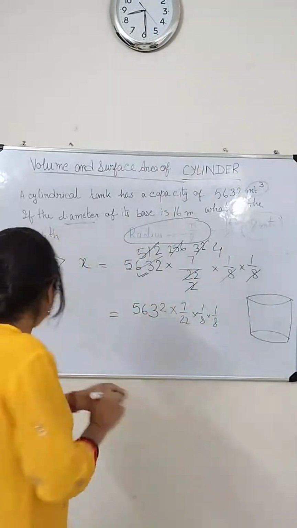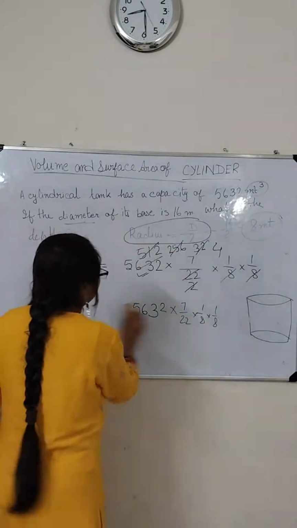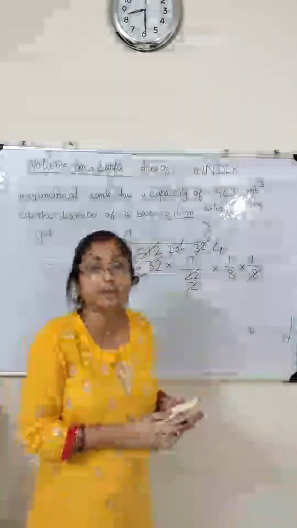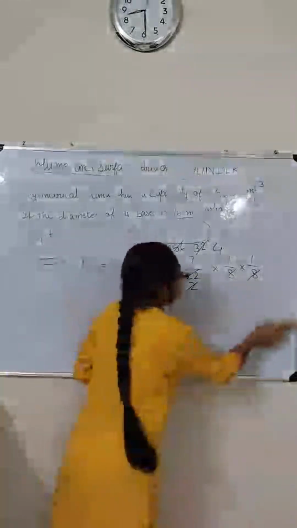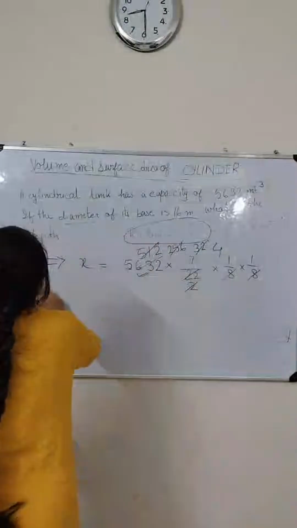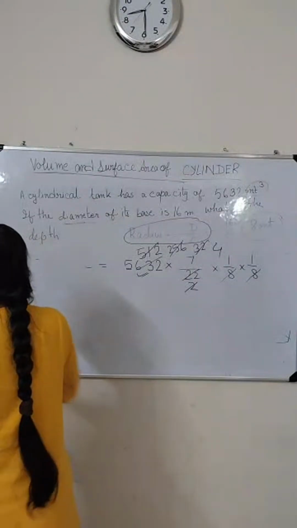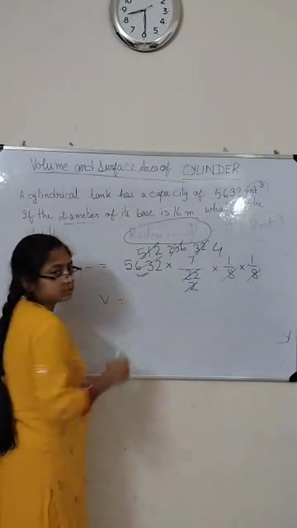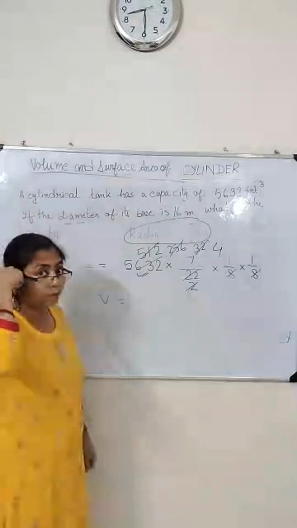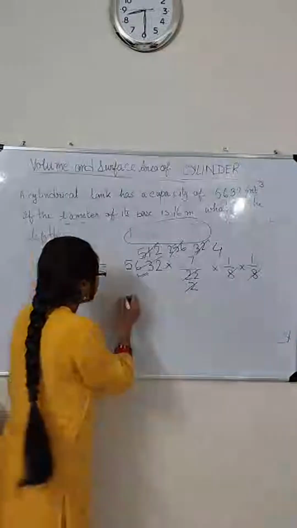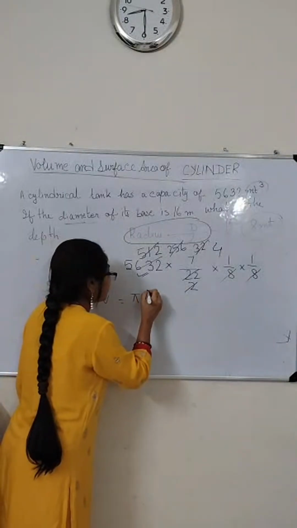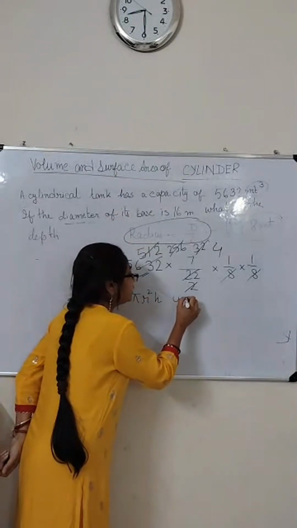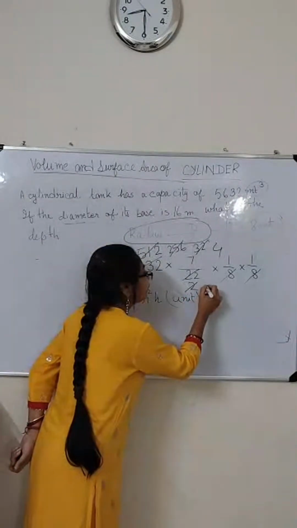Clear? So now recall one time what we learned today. We learned three formulas. Volume: tell with me, what is the formula? Pi r square h, and in that case the unit is unit cube.